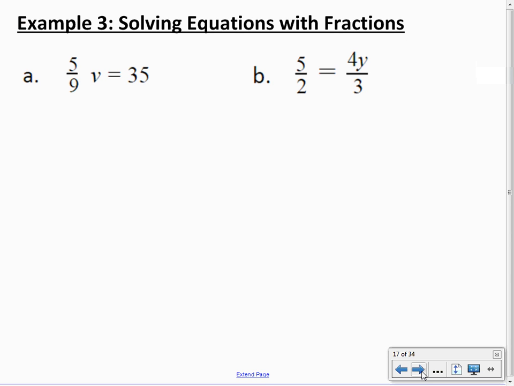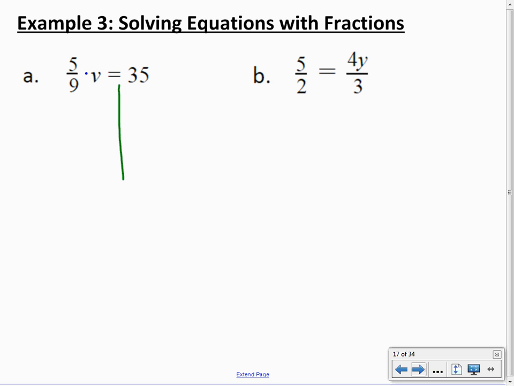So let's use this to solve an equation. In example A, we have 5/9 times v. Now, we know that since there's multiplication happening here, we need to divide both sides by 5/9.